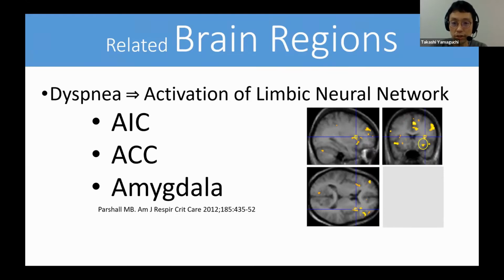And these areas are also activated under pain settings or emotional burden, such as fear or anger. I think this may explain the relationship between dyspnea and anxiety, which I will tell you later.